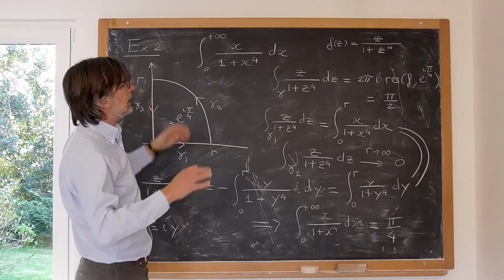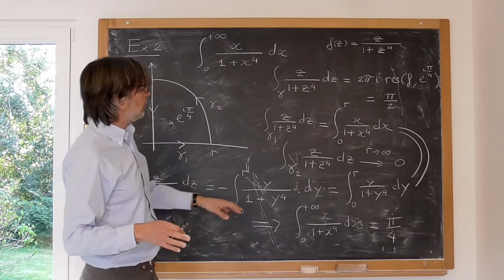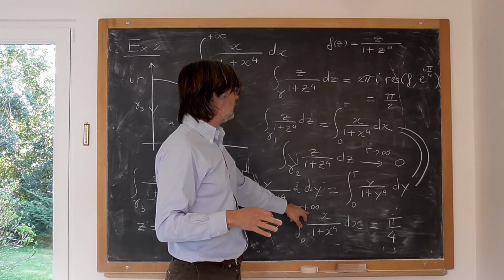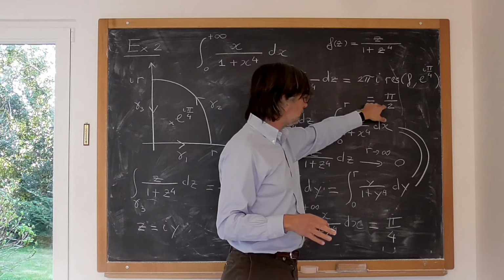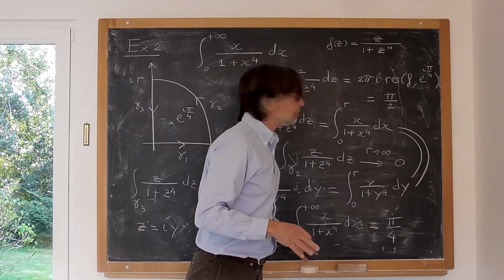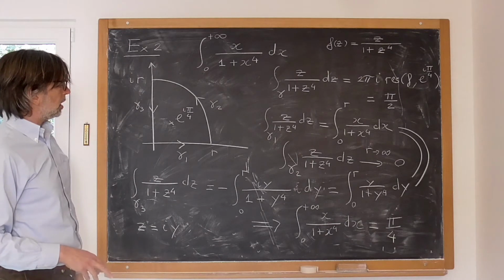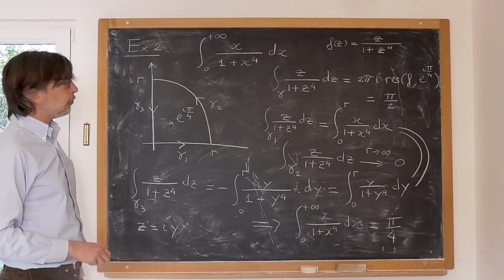So when we take a limit for r going to infinity, we obtain twice the integral from 0 to plus infinity plus 0 equals pi over 2, then we divide by 2 and we obtain the desired formula for our integral. Its value is pi over 4.